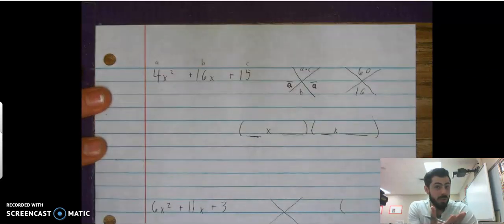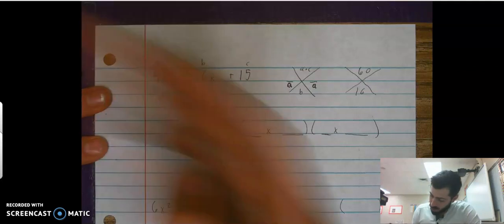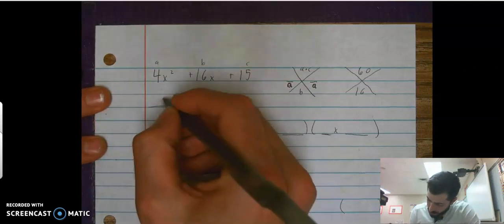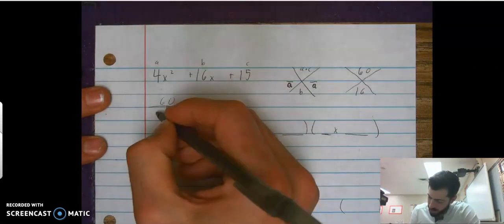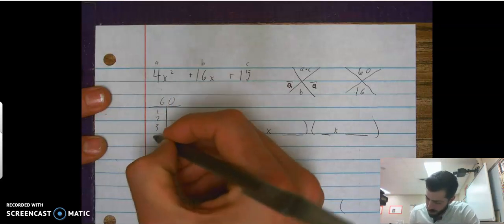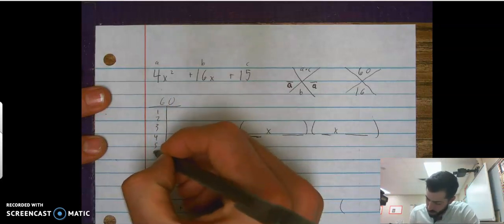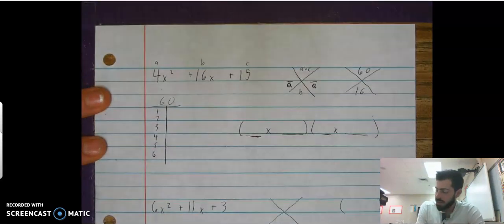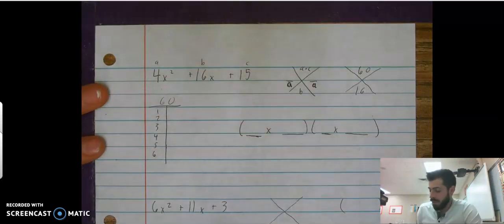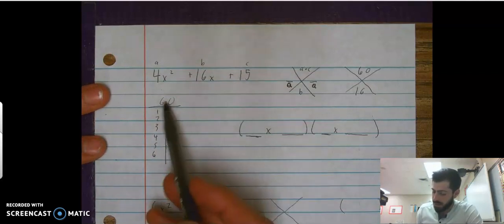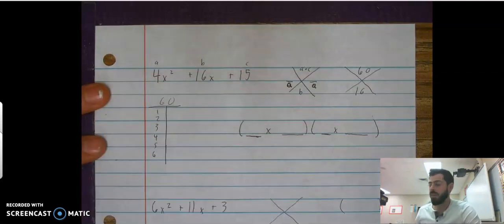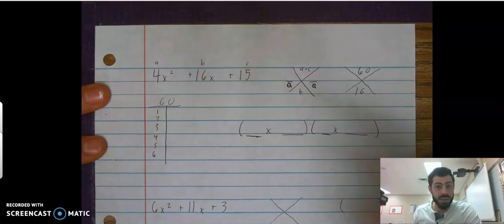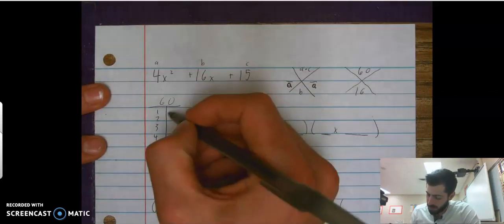If you're having trouble coming up with two numbers that do that, you can always set up your little t-table and start running down numbers that when you multiply them, they give you 60. Or if you are having trouble coming up with the other factor, you can always divide 60 by each of these numbers and keep going until you find what you're looking for. So for example, 60 divided by 1 is 60.